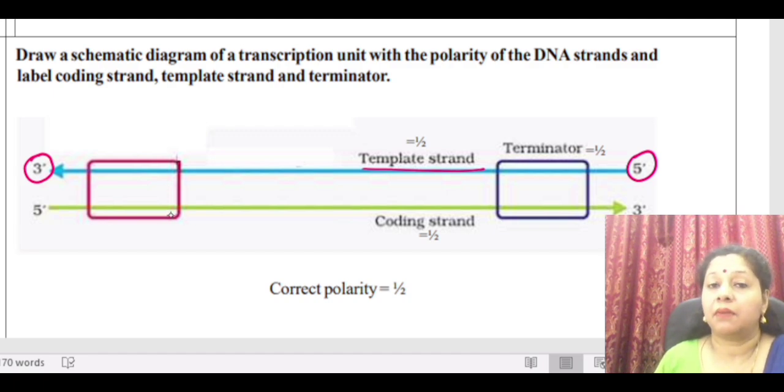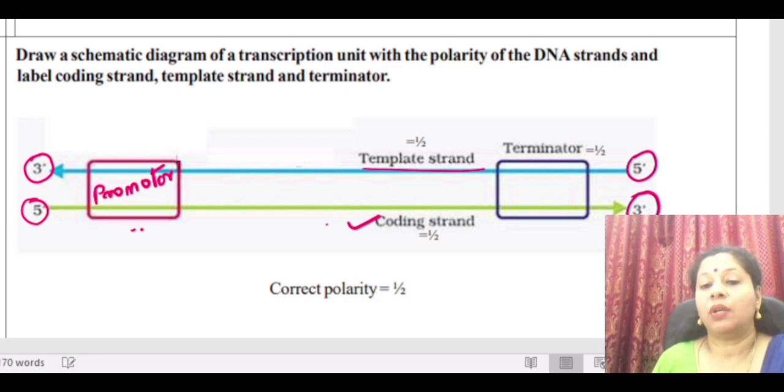The second or complementary strand with 5' to 3' is called the coding strand. At the 5' end or upstream of the coding strand, there is the promoter, whereas at the downstream or 3' end of the coding strand, there is the terminator for ending the process.